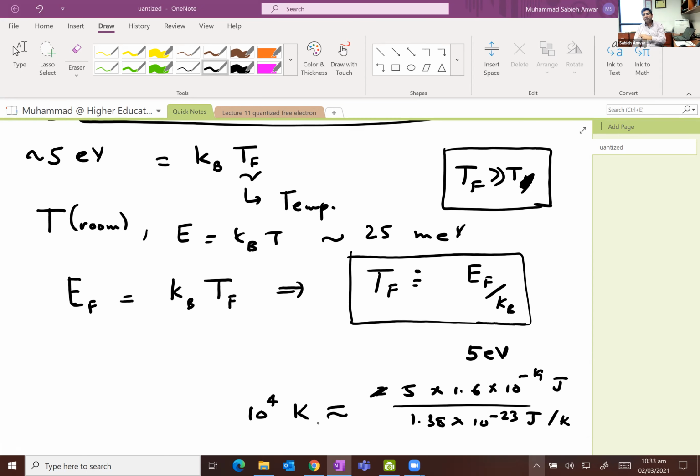So the third electron has to hop to a higher energy level, and until all of those energy levels are filled, and the number of levels that need to be filled is determined by the number of free electrons that are available. And the highest electron on the pedestal of this energy manifold, that is on the throne of this energy manifold, is at a really high energy of the order of electron volts. And if you would like to write this in units of temperature, that would be 10,000 kelvins. This is the concept of the Fermi temperature. So it helps us make comparisons with thermal cases.